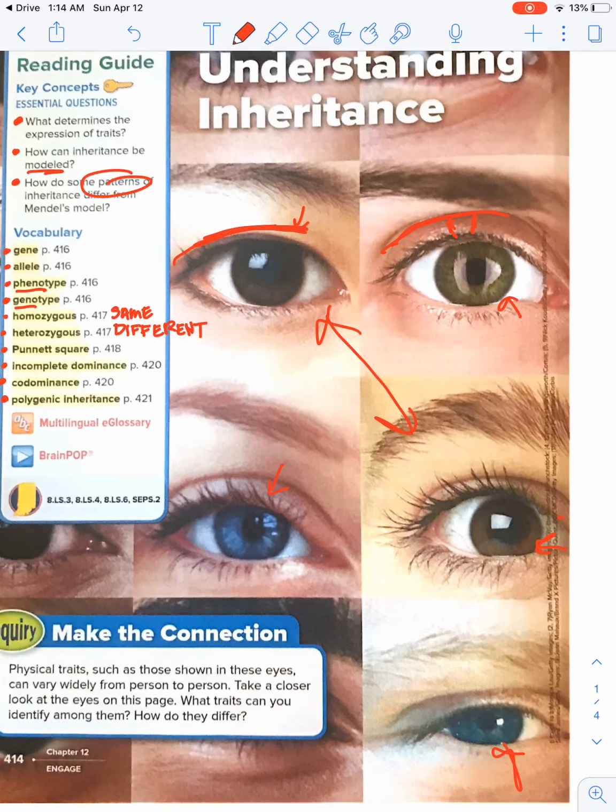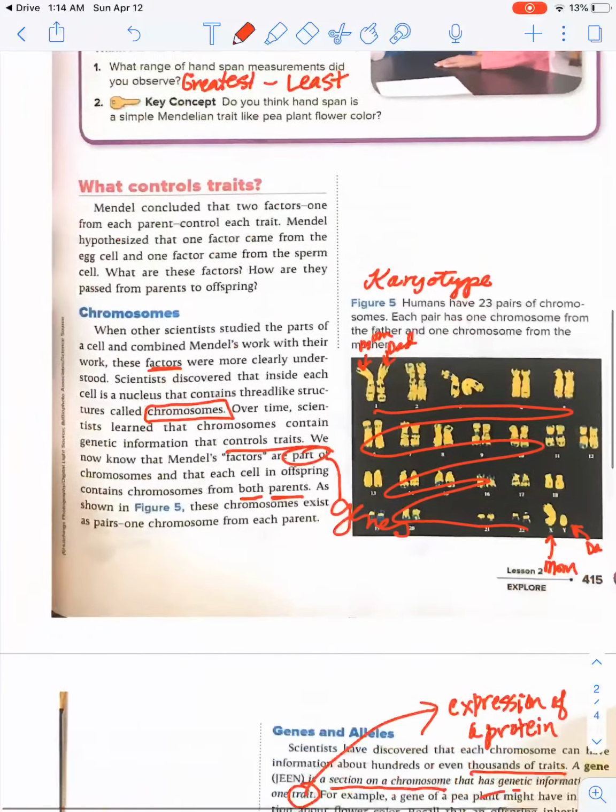The difference is kind of a lip of the eyes. This is probably an Asian eye, because they often don't have that. There are different amounts of eyebrows, the nice big eyelashes. I wish I had long eyelashes like that. Okay, so there are lots of different traits that we observed.